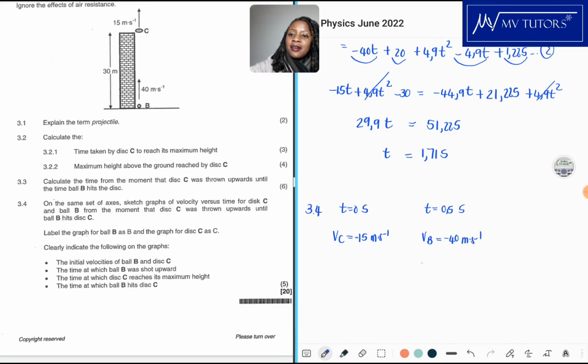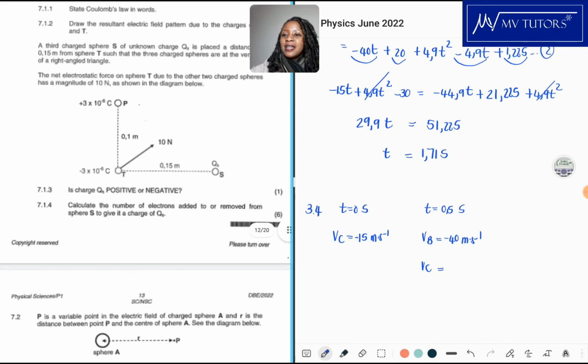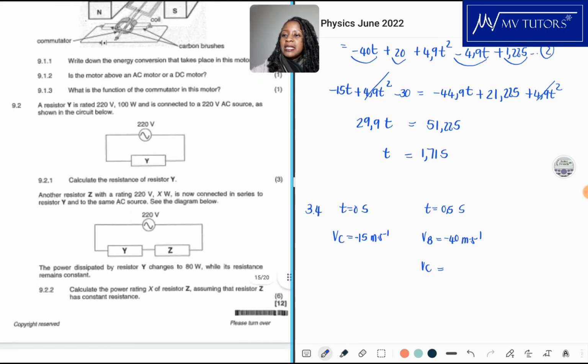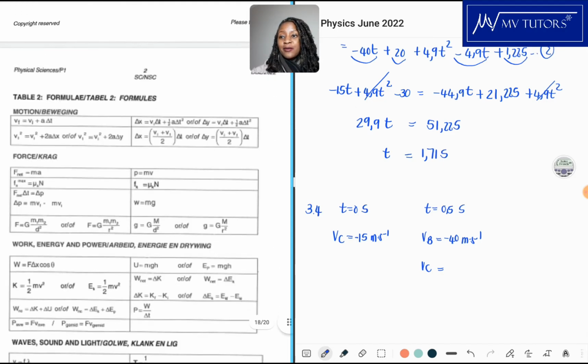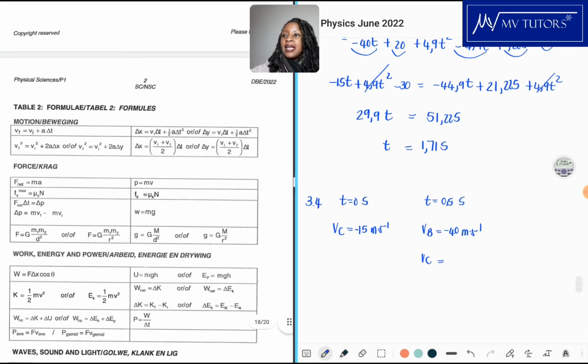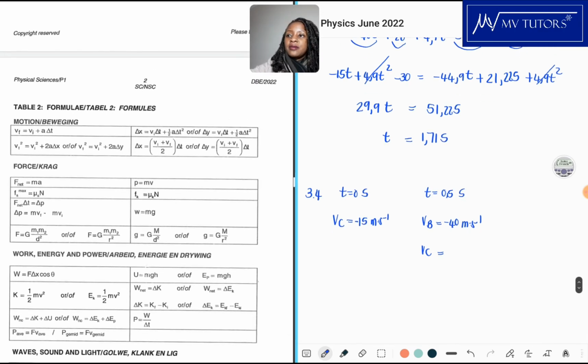Out of curiosity, what would the velocity for C be? We have the time and the initial velocity, so we can use the first equation: final velocity is equal to initial velocity plus g delta t.